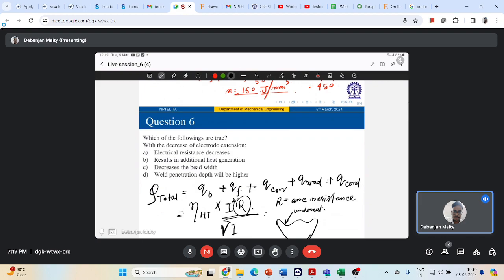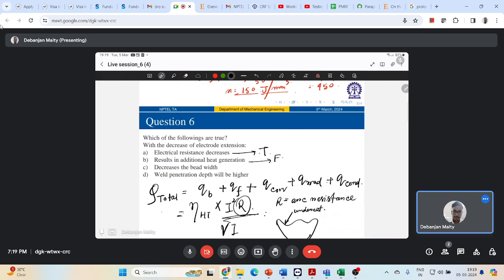With decrease of electrode extension, electrical resistance decreases. Yes, this is true. With decrease of electrode extension, that results in additional heat generation. No, additional heat will be generated if my resistance is increased, and for that you have to increase the electrode extension. So this is a false statement.